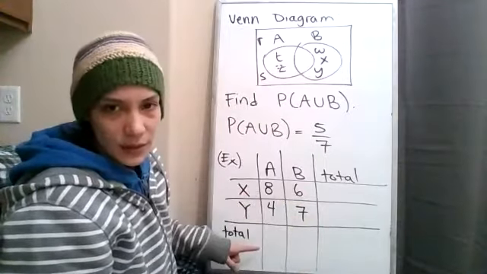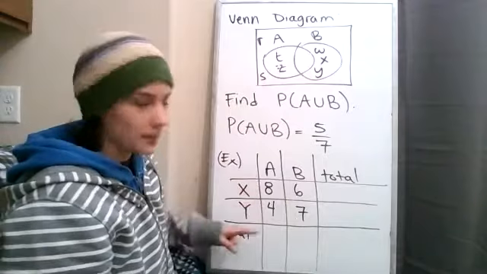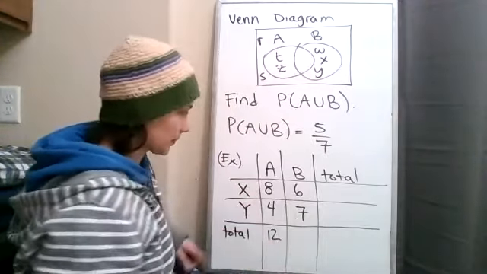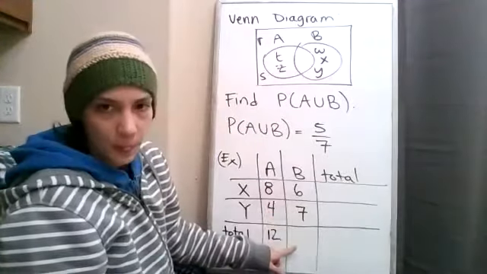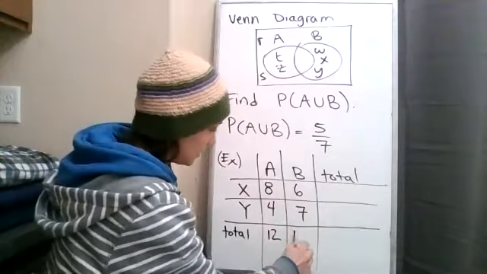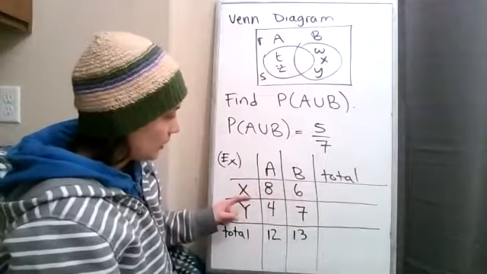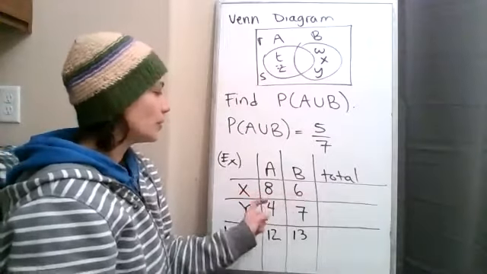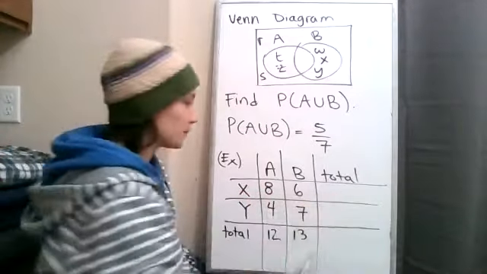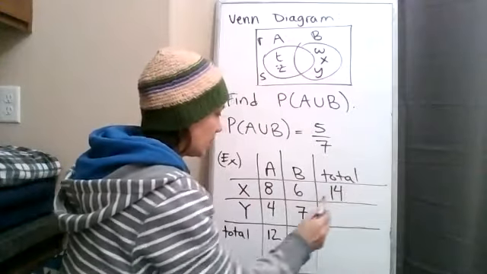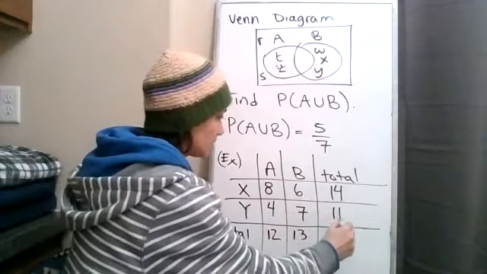All right, let's find totals. So 8, 9, 10, 11, 12. This would be 13. This way, so 15, 14 here. And then 11 right there.